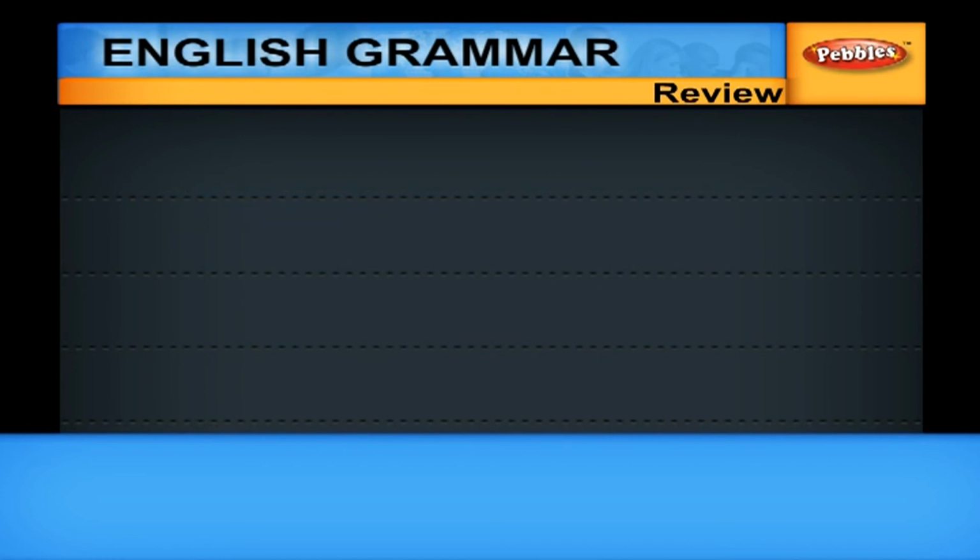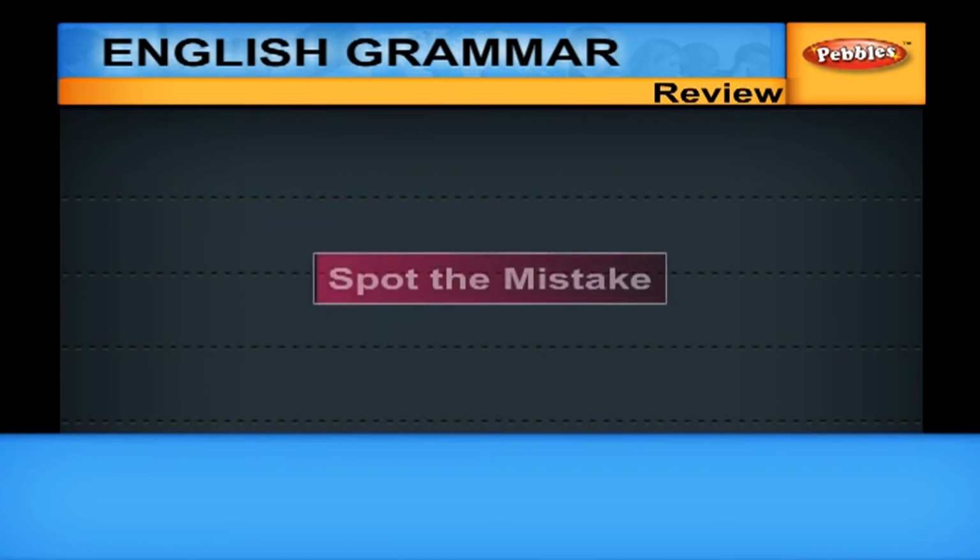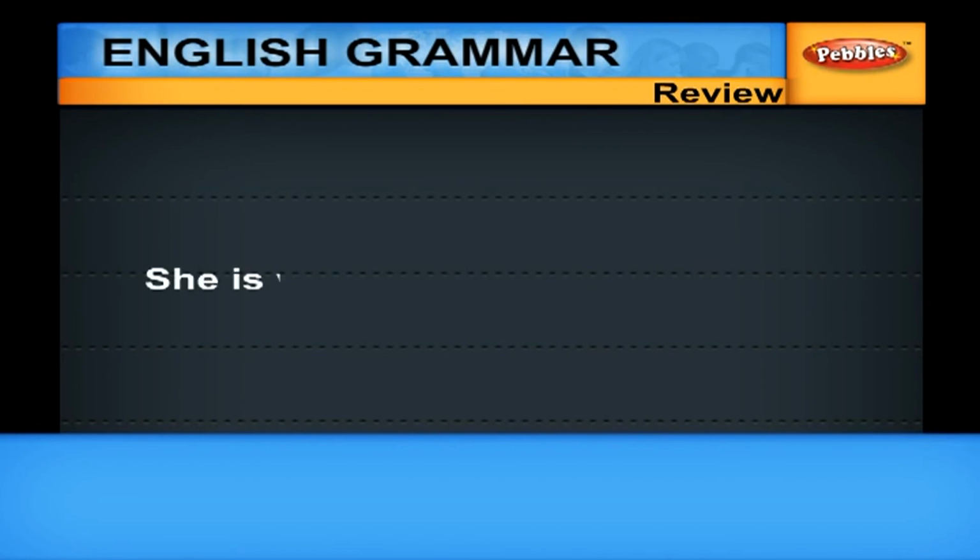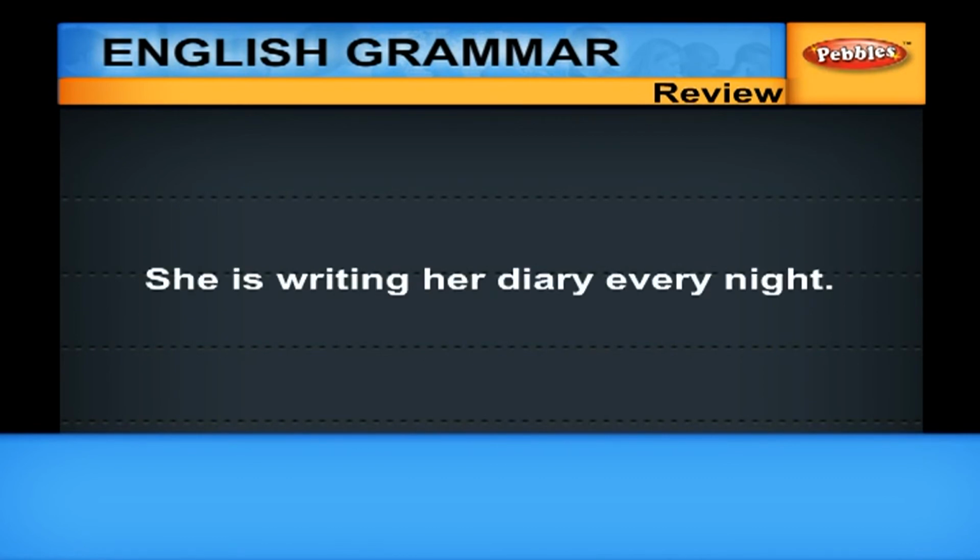Now, I am going to give you some sentences. You try to tell me whether the sentence is correct or incorrect. If it is incorrect, you have to explain why it is wrong. She is writing her diary every night. Is it correct or incorrect? You can see that the action referred to here is a habitual regular action.